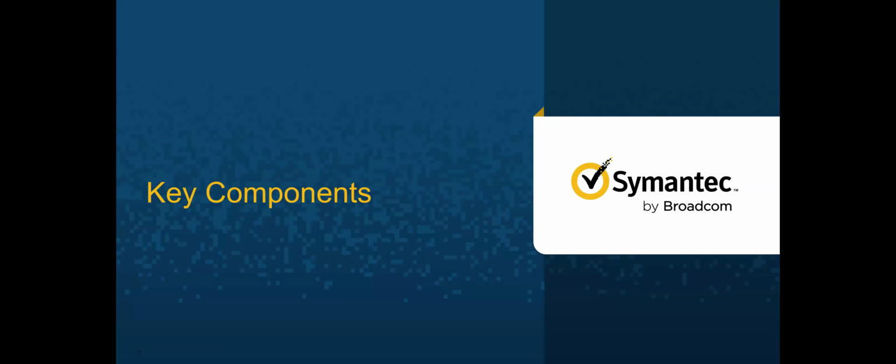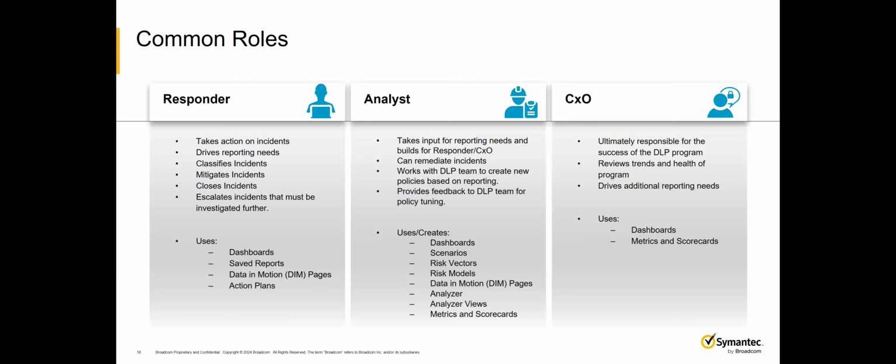Okay, so before we talk about key components, what I wanted to first highlight are a few common ICA platform roles that you would see in place for ICA with DLP specifically. Although they probably fit with other data sources, these are specifically aligned to DLP.